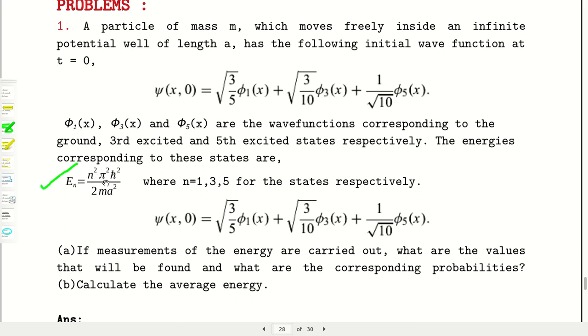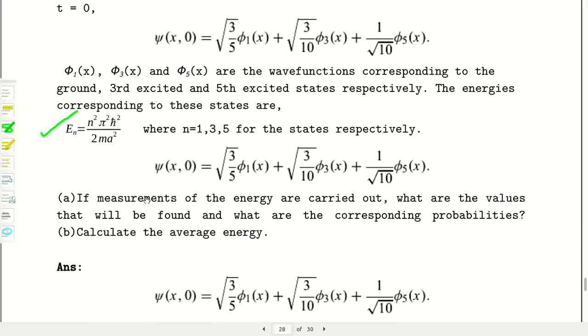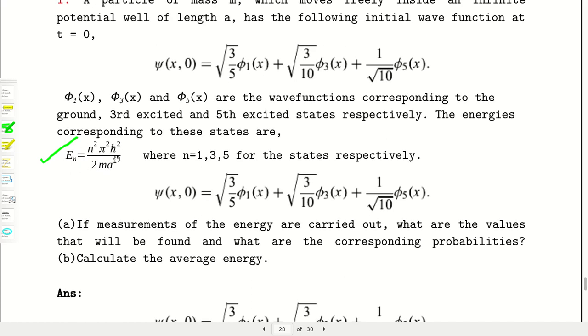Okay, where did this formula come from? You don't need to think about it, the formula is just given here. En is equal to n square h cut square pi square by 2 m a square. Here a is the width of the well, m is the mass of the particle which is trapped within the well, and h cut is the reduced Planck constant.